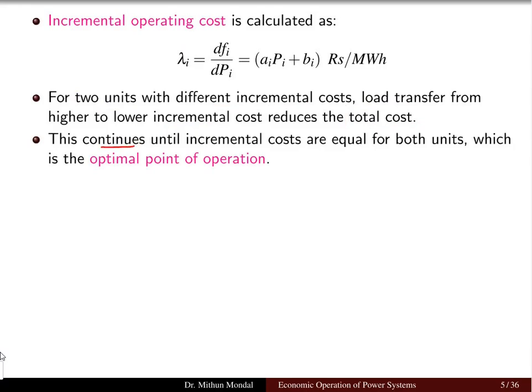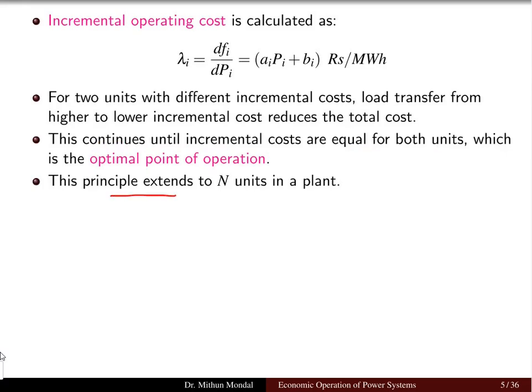This continues until the incremental costs are equal for both units, which is called the optimal point of operation. It means lambda 1 of one unit should be equal to lambda 2 of the second unit, and then we have the optimal point of operation.